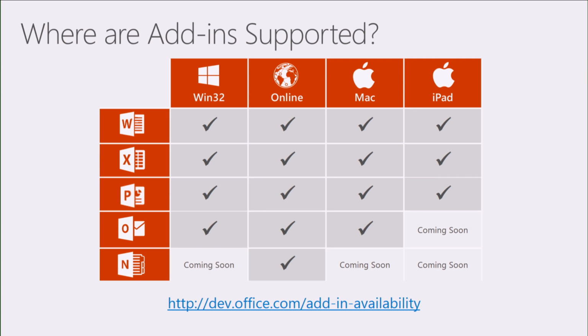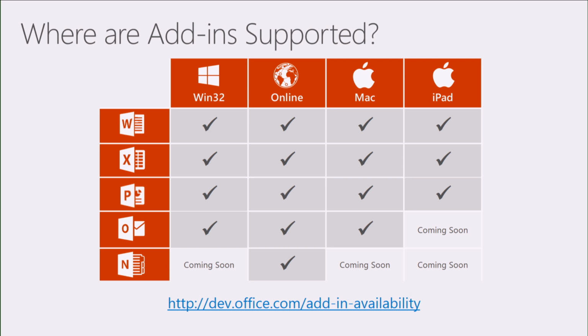And as you can see from this slide, we are focusing on what we call the desktop platforms, which is effectively Win32, Online and Mac first. And we're starting to also go into tablets and phone in the future. So expect support for add-ins on those other platforms as well.